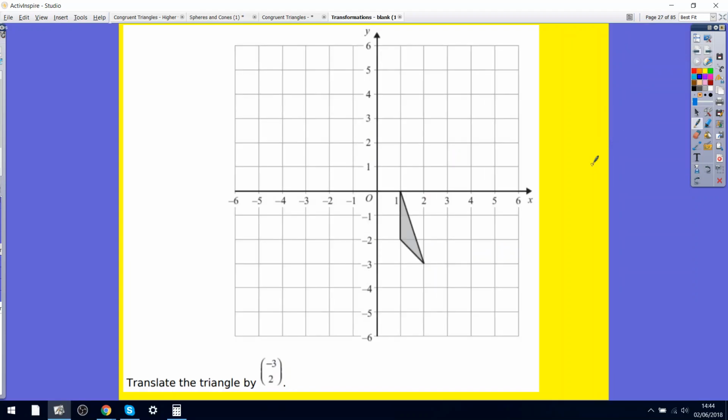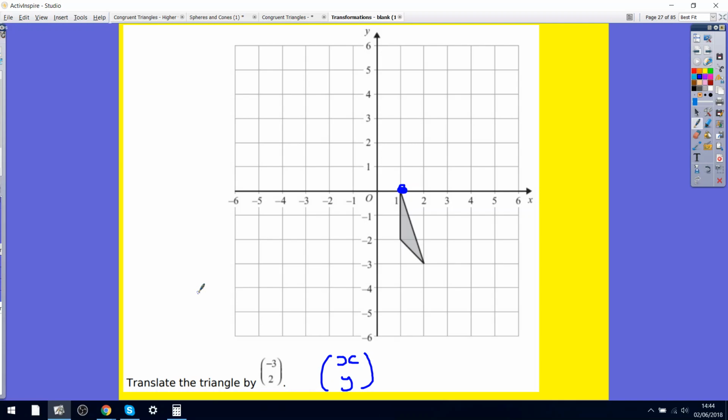Next thing is translations. Any idea what this means or what it's about? Yeah, it's like a slide. So how would you slide this -3, 2? Right. So let's say this top point. So this -3, 2. The way vectors work is the top one is x, the bottom one is y.